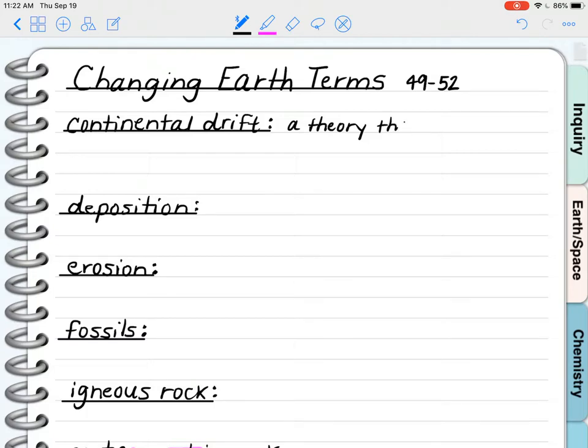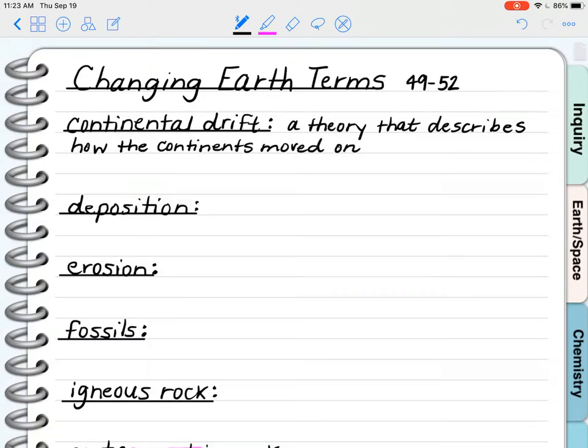A theory that describes how the continents moved on the surface of the earth. So we're talking about the crust of the earth to their current positions.